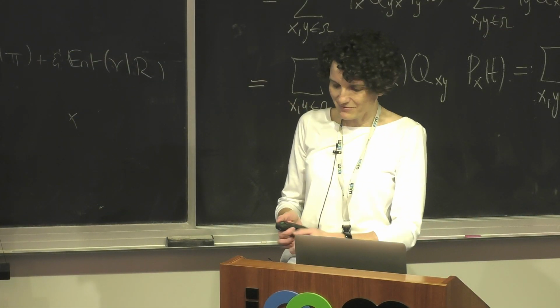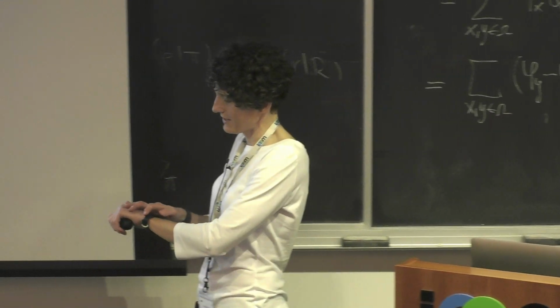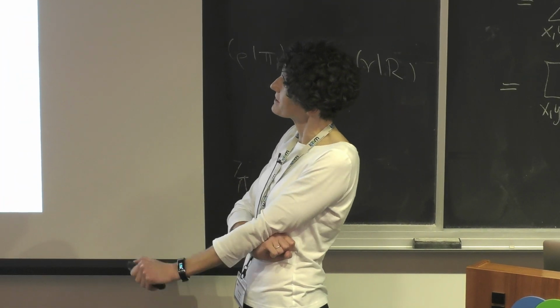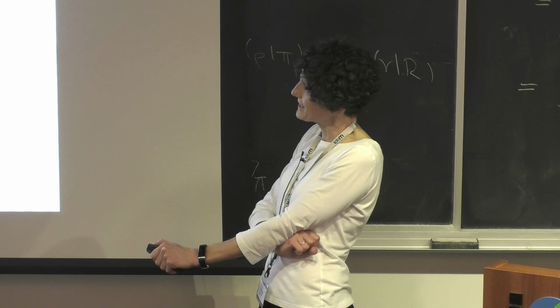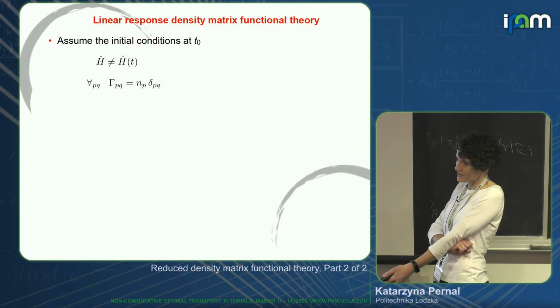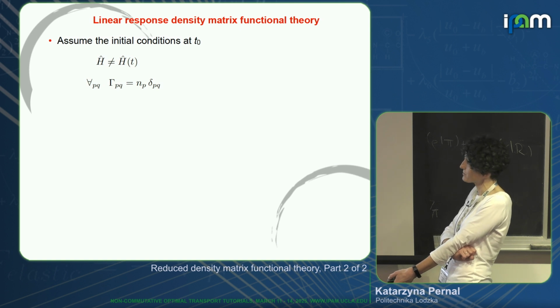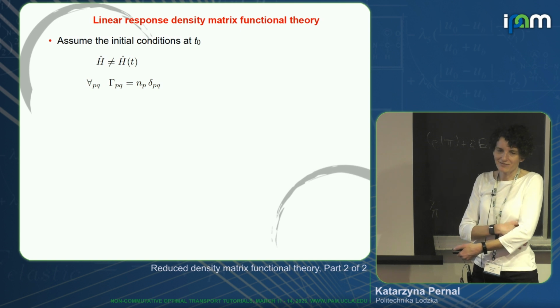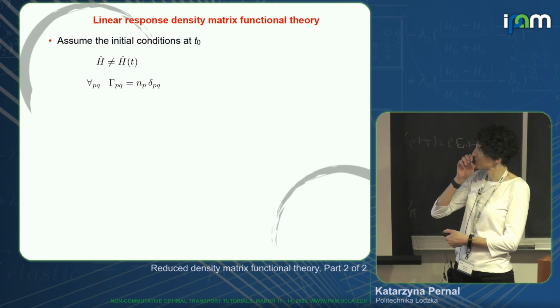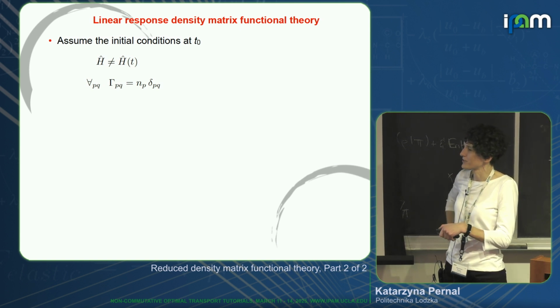All right, now very quickly we can derive, I think I will be done in a few minutes, the linear response density matrix equations. It's a standard thing. The biggest difficulty is always to formulate time-dependent equations, but once you have them, you apply standard first-order perturbation theory.